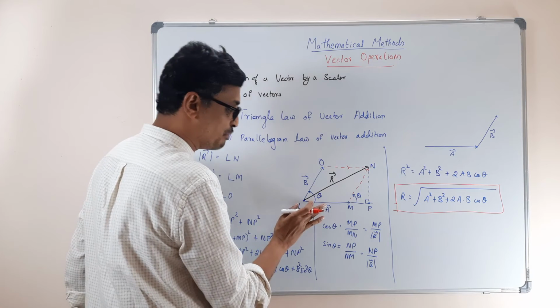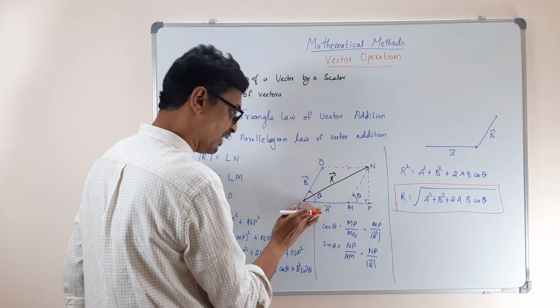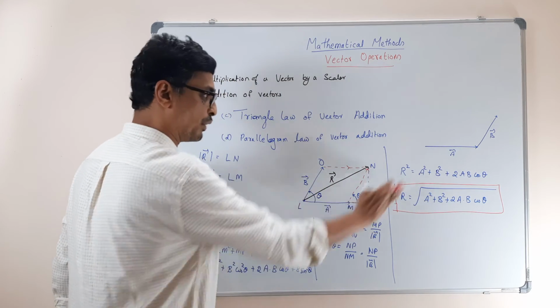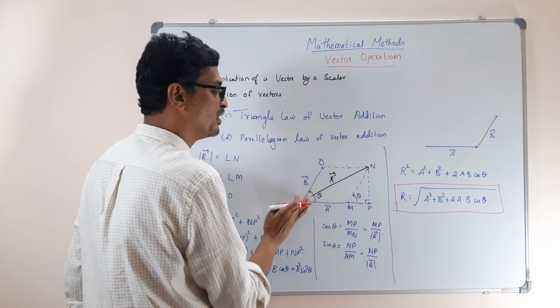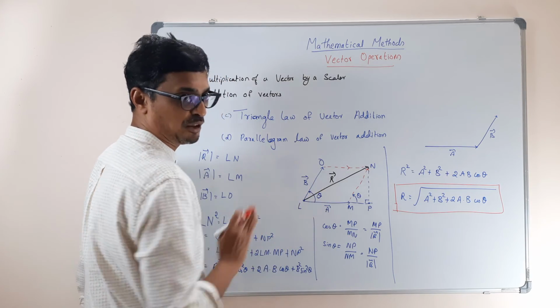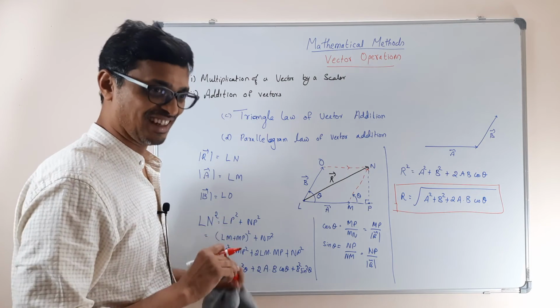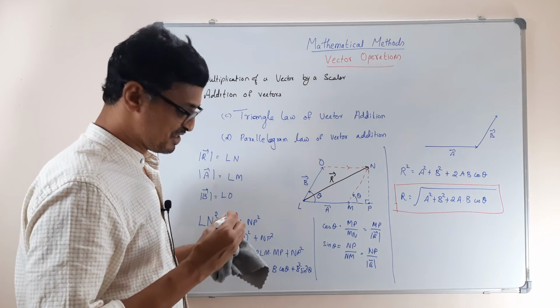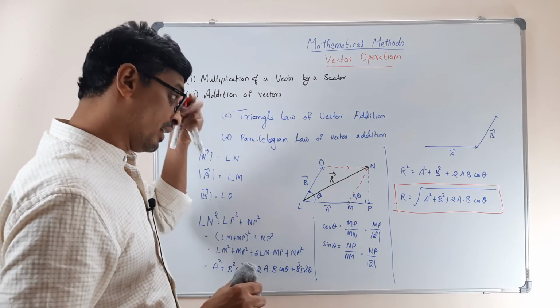It will be the square root of A square plus B square plus 2AB into the cos of the angle between them. So it is not the angle bisector as you said. Got it? Fine.